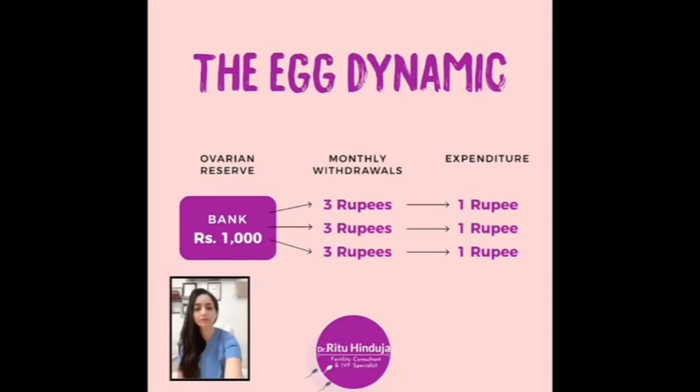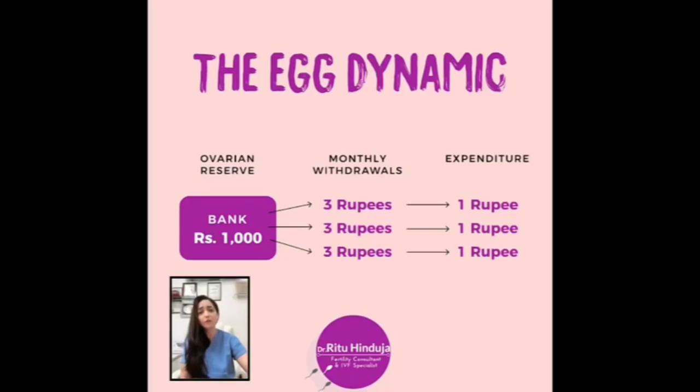Now that you've understood how monthly withdrawals work and how you can spend only 1 rupee, or only one egg is developed and releases an egg, you have to understand that your withdrawals, or your antral follicle count, which is visible on the ultrasound, depends upon what is there in your bank. So if you have 10,000 rupees in your bank, you can withdraw 10 rupees every month.